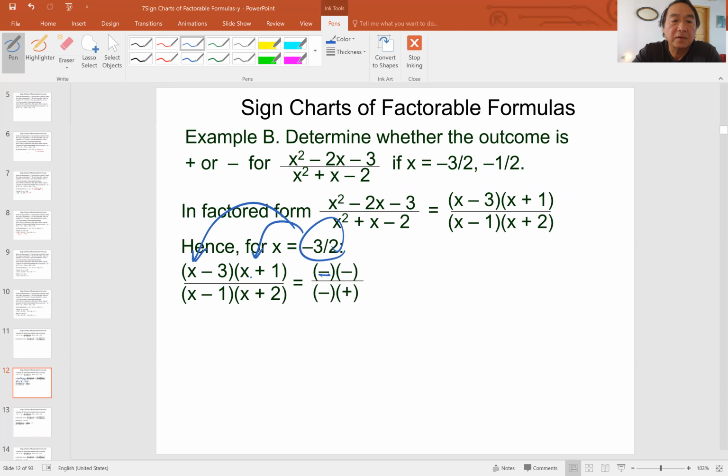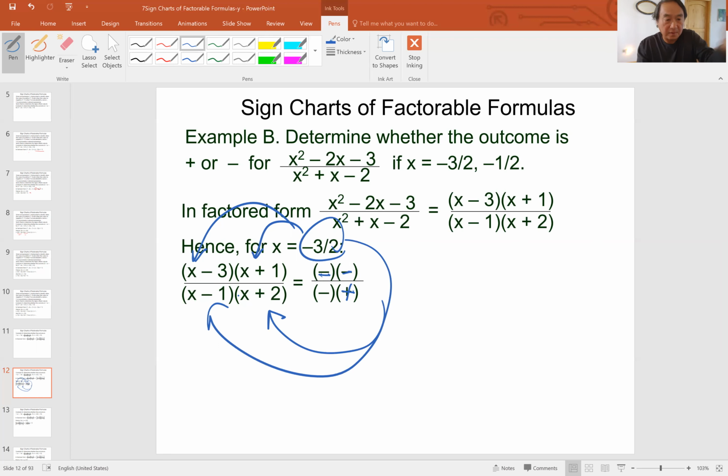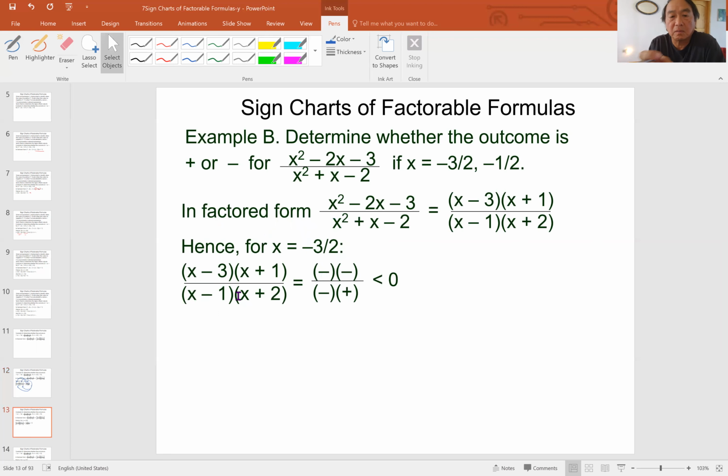Putting minus 3/2 into x plus 1, I have a minus sign. Putting minus 3/2 into 2, I get a plus sign. And I get a minus sign for x minus 1 also. So altogether, the sign is going to be negative, which means less than 0.